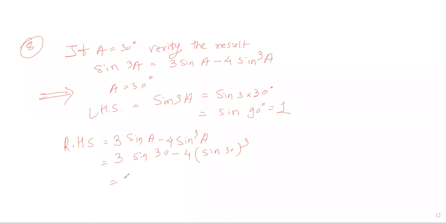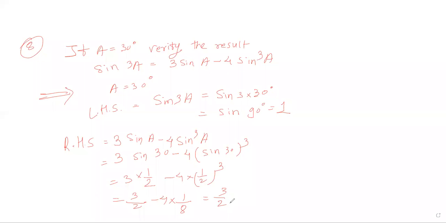Now 3 as it is, sin 30 degrees is 1 by 2. Minus 4, here also sin 30 degree means 1 by 2's cube. Now 3 by 2 minus 4 multiply by 1's cube is 1, and 2's cube is 8.